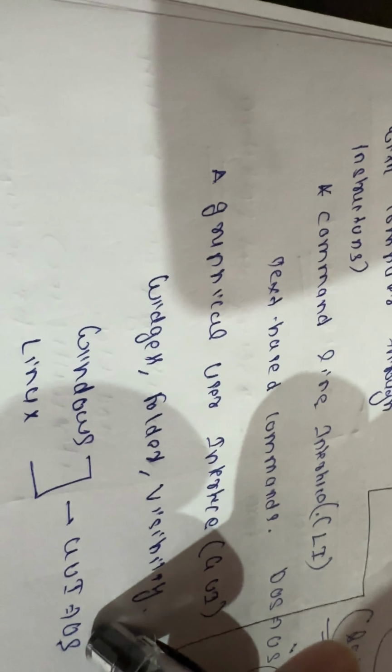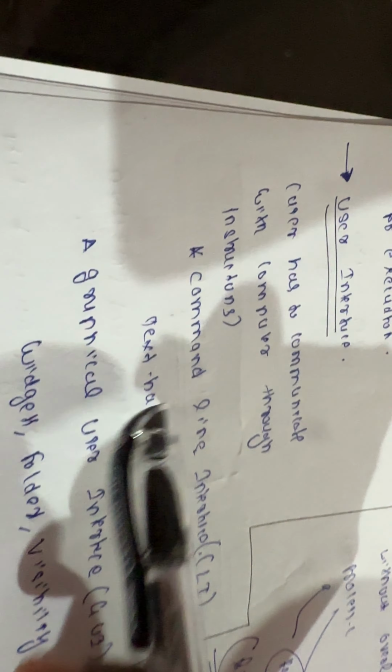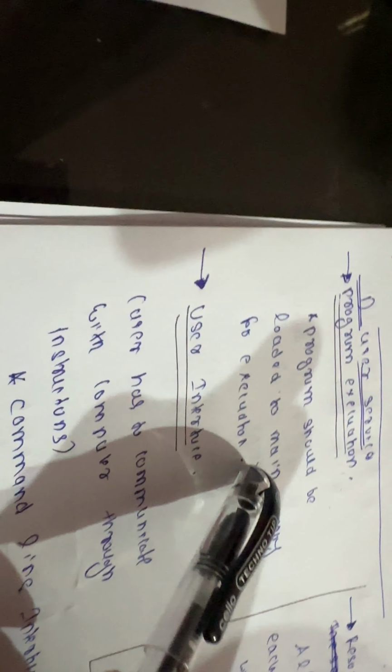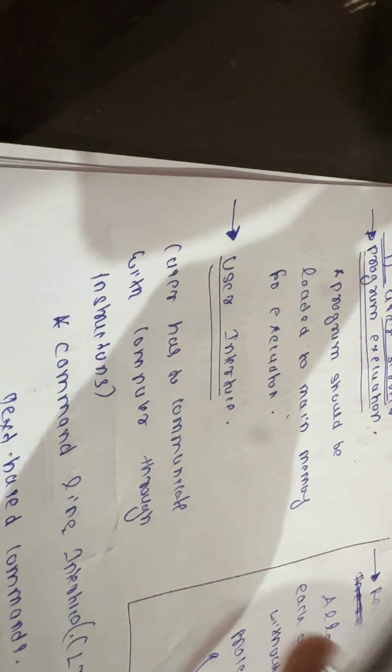So these are the two things you have to remember from the user interface: command line interface and graphical user interface. So first we talked about program execution, then the user interface.